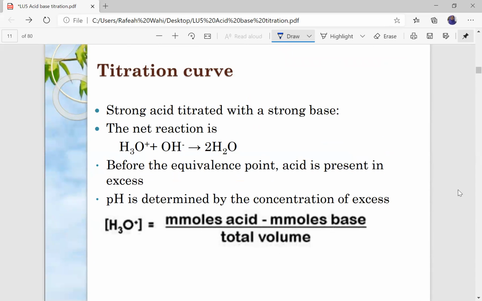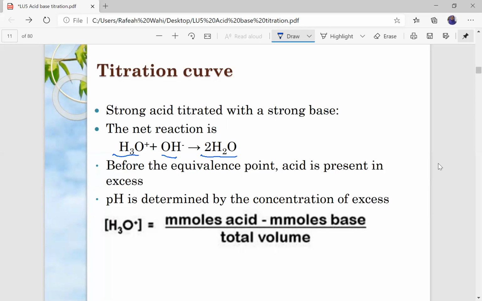But before that, let's take a look at some theories on strong acid and strong base titration. Whenever we have a strong acid titrated with a strong base, the net reaction is always hydronium ion reacting with hydroxide ion, giving us H2O.